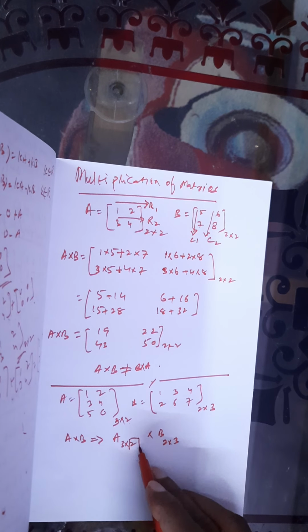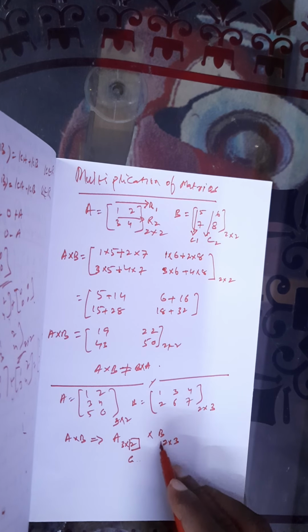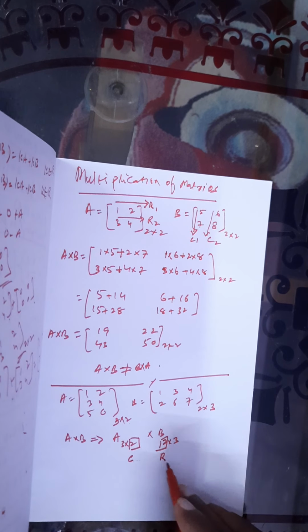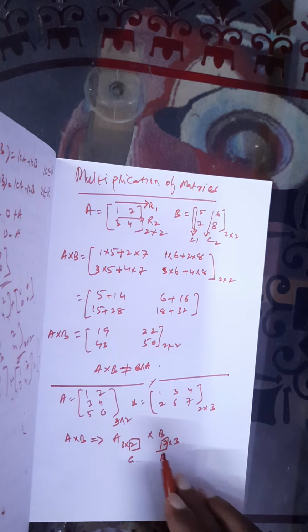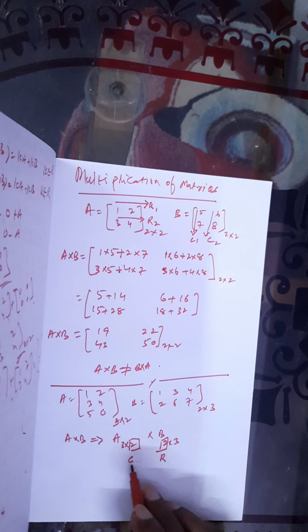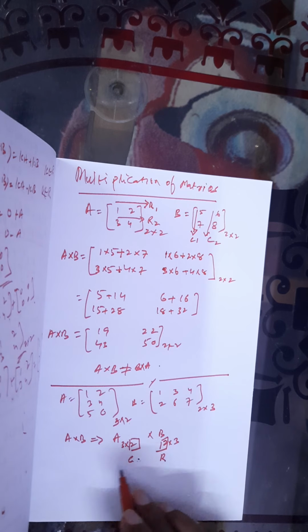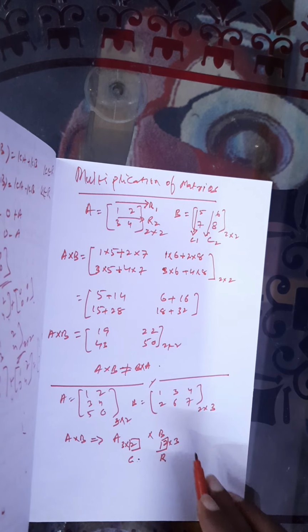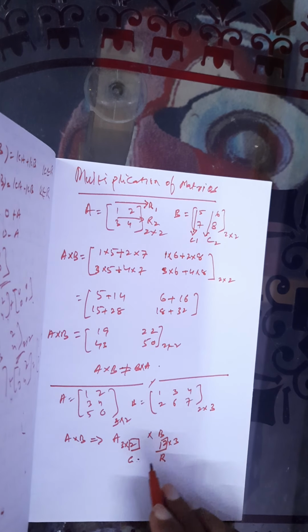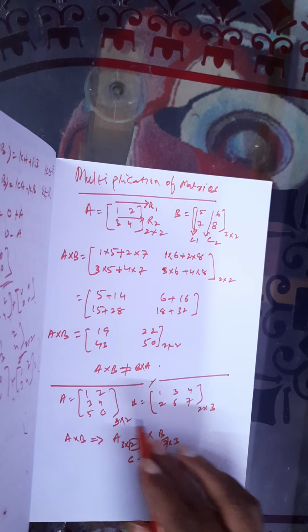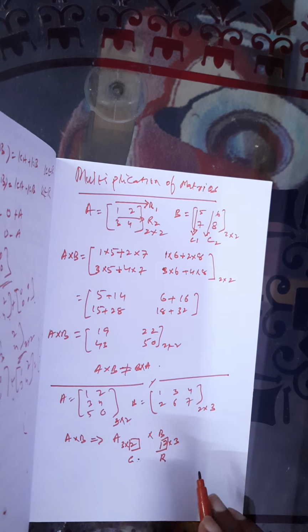If the columns of the first matrix are equal to the rows of the second matrix, then multiplication of A and B is possible. If these two are different, multiplication is not possible. We will see the reciprocal later.